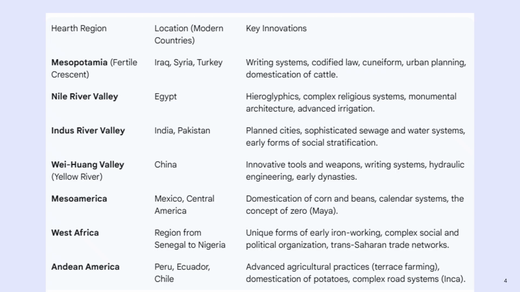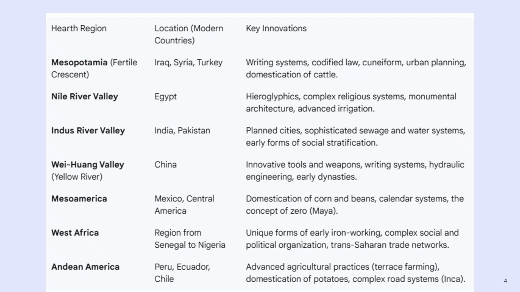You have planned urbanization or planned cities, sophisticated sewage and water systems, and then, of course, we have early forms of social stratification, or what we might call the caste system. So you have a division of the social order into higher classes, lower classes, and so forth.